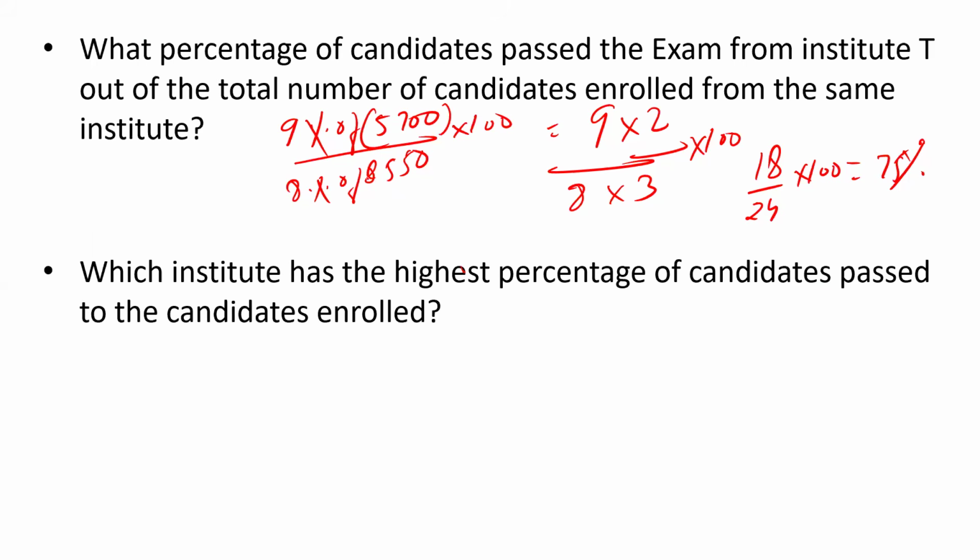First, I simplified 5,700 by 8,550, which gave 2 by 3. That is easy for simplification. Now percentage will be cancelled. So 9 into 2, 8 into 3 into 100 becomes 18 by 24, which is nothing but 3/4. That is 75 percentage.